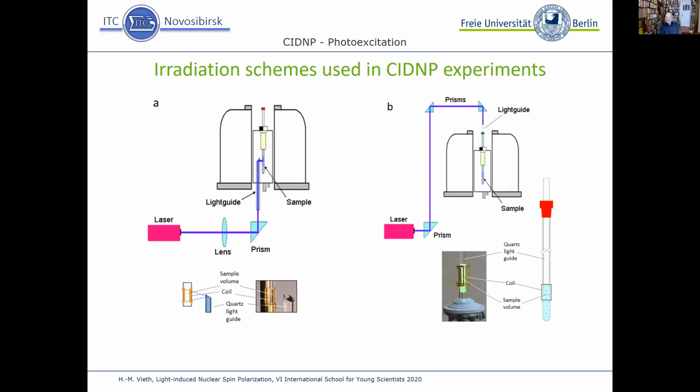If the light guide from the top is coupled by a flexible light guide to the laser, you can also move the NMR probe up and down, and this is important later for field variable experiments using CIDMP.